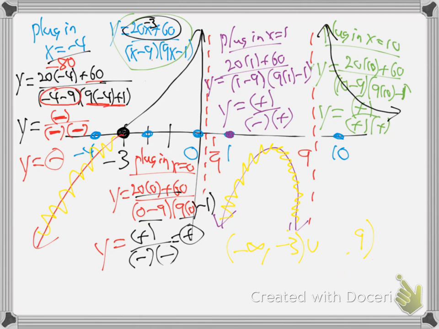Sorry, I'm getting a little scribbly there. Can you see that yellow color? So negative infinity to negative 3 and 1/9 to 9. That's the answer to that one. All right, I'm going to look briefly at a couple others with our last 5 minutes. That's the worst of it right there. Questions on that? Is that okay?